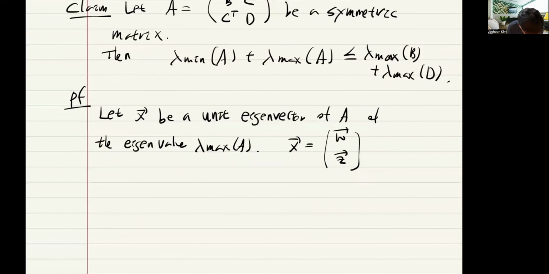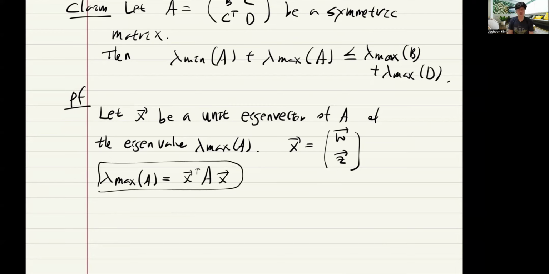Okay, then what do we know? The lambda max of A is the Rayleigh quotient of this. So this is an equality, and we can just replace with this.